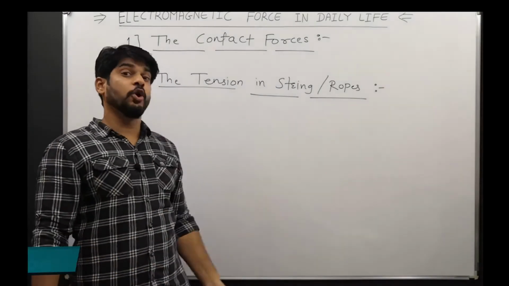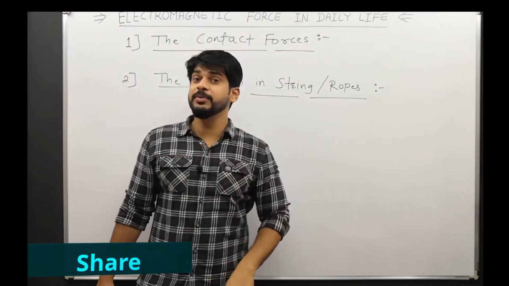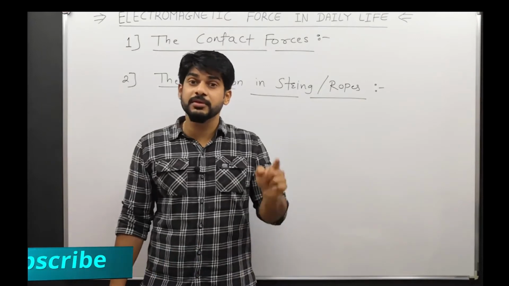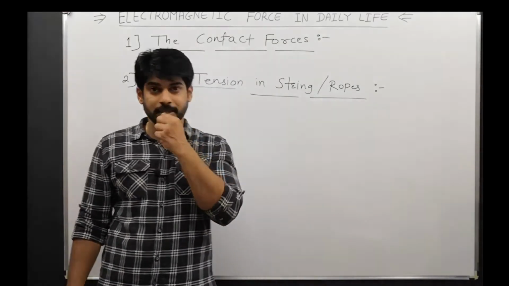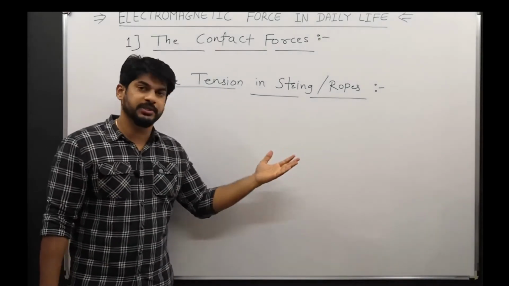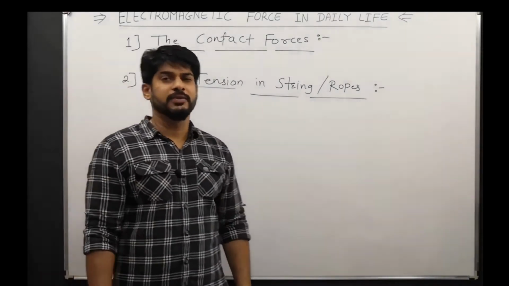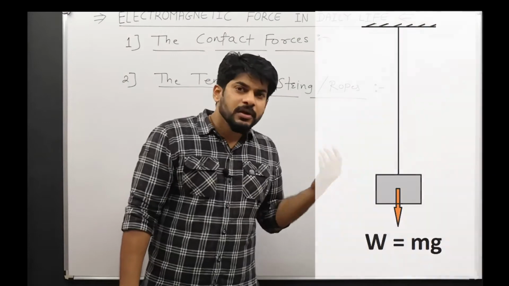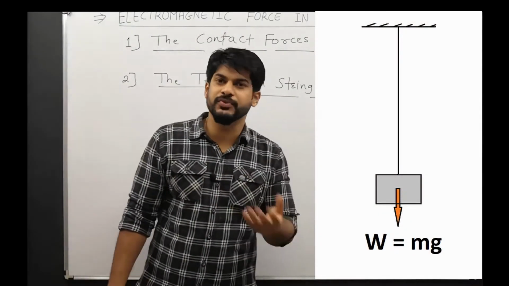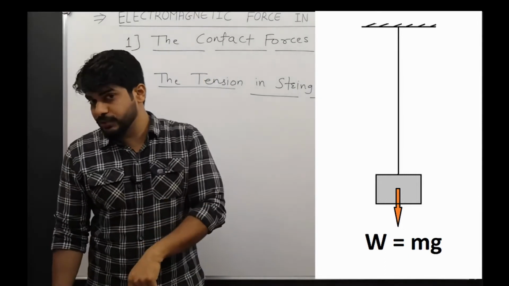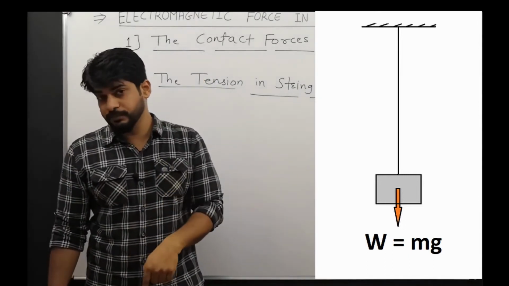So on that block also there will be a force in the downwards direction. That is nothing but gravity. We call that the weight of that block, and that is equal to mg, mass times acceleration due to gravity. Mg is the weight.